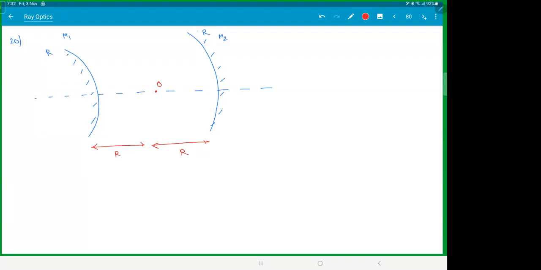Find the position of the images after two reflections. Meaning, first the rays will go here, they'll form an image.